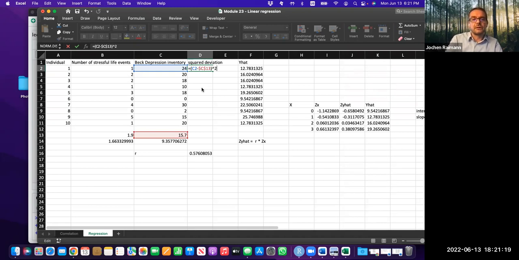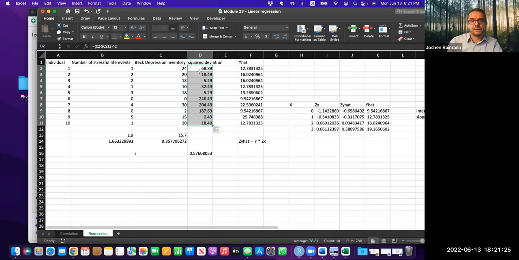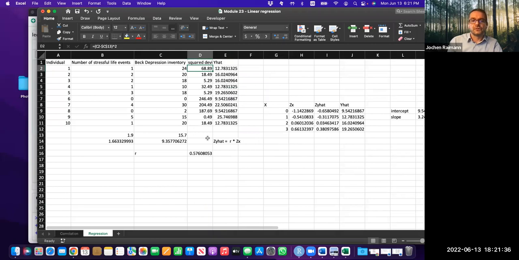This is the deviation of the prediction from what we have actually seen. So this is the difference between y minus y bar. This is our squared deviation.